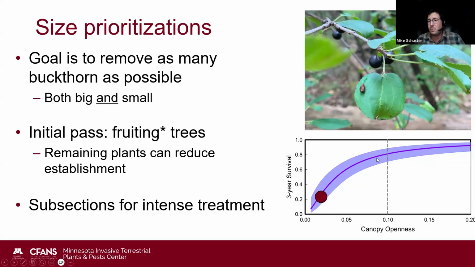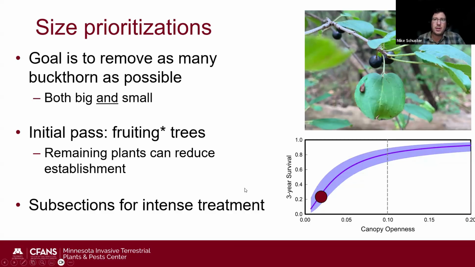But when you're below 10% canopy openness, survival tends to start declining. And once you get down to 2% light availability, which sounds really low, but is achievable, that's when you really see low buckthorn survival rates.